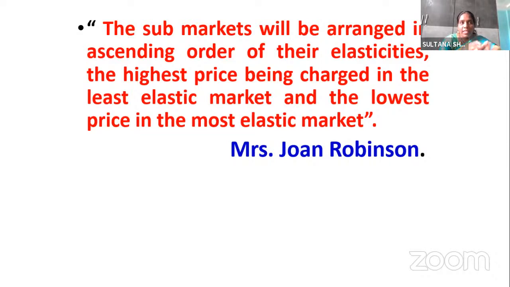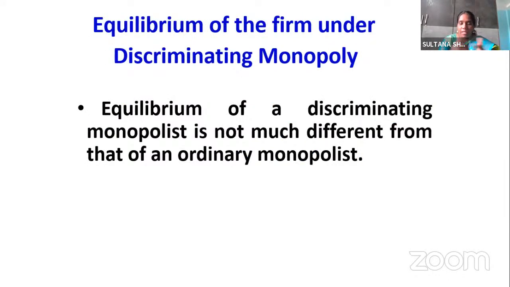Here, elastic demand means how much demand changes due to change in the price. That concept you may learn in the elasticity of demand concept. Now, in the graphical explanation, I will explain to you exactly.